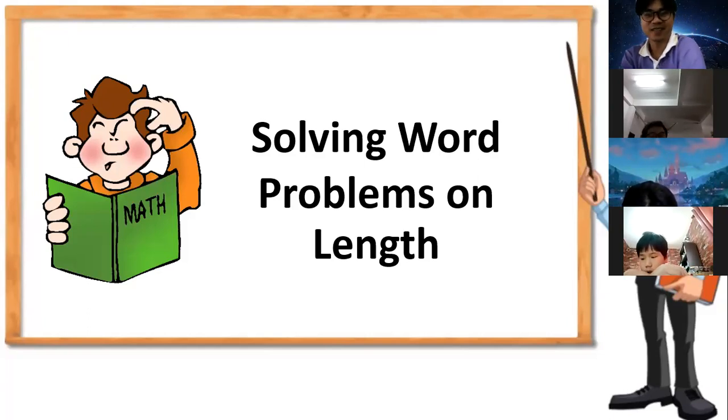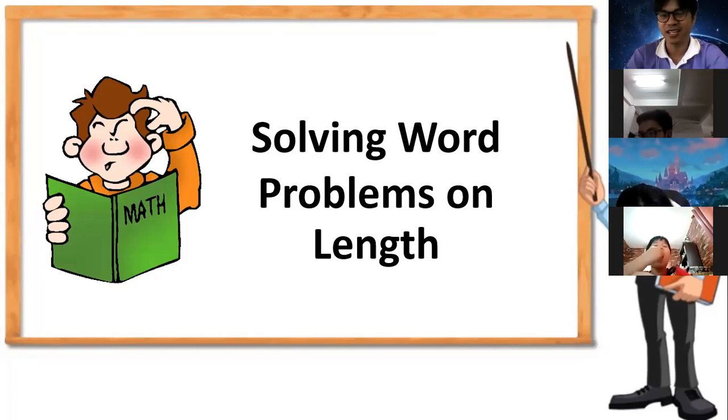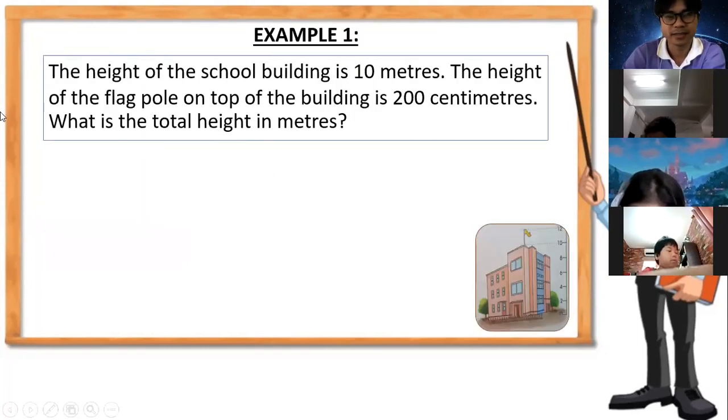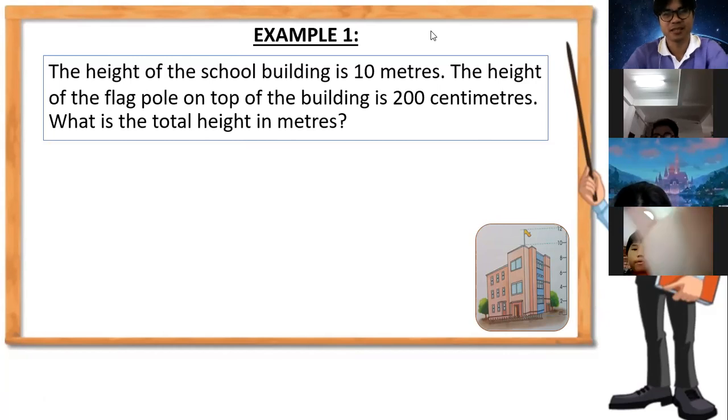In solving word problems, you just need to understand and analyze the problem line by line, and then decide what correct operations you are going to use. For example, the height of the school building is 10 meters.